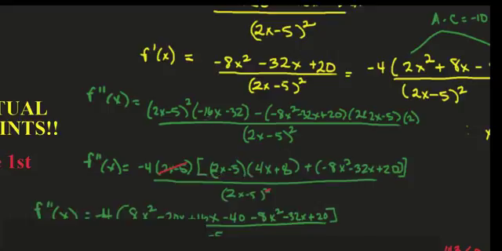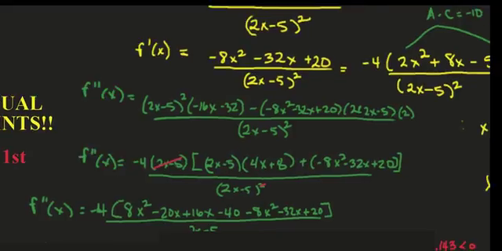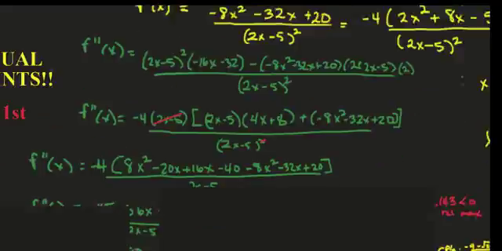Just take what you had originally, divide by what you're factoring out, and you should get this here. And at that point you can cancel one of these with one of those, distribute, FOIL this out, you get that here. Combine your like terms, and you should end up with this equation here.